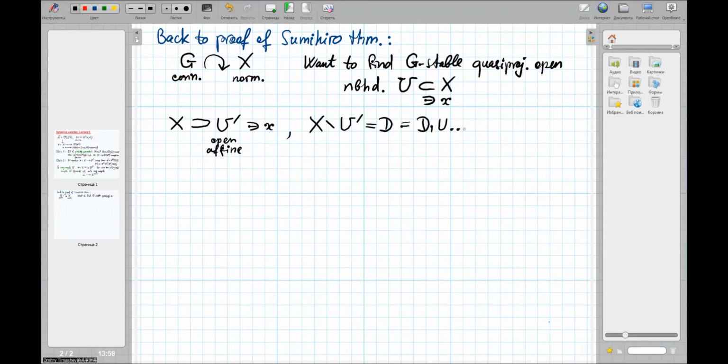So we may assume that X itself is this open G-stable subset. Okay. Now we know that any divisor is Cartier on the smooth locus.